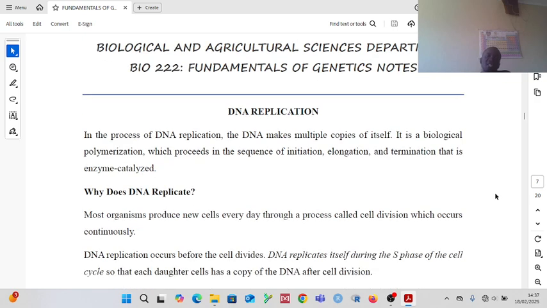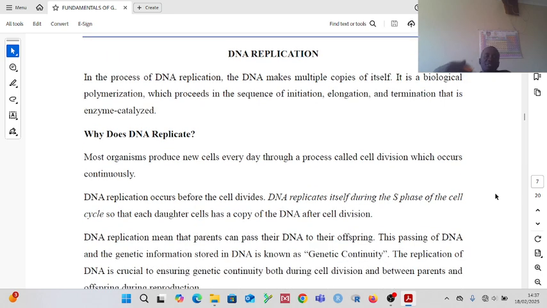Okay. So we've been looking at the structure of the nucleic acids. But another important thing that happens in the transfer of genetic information, in the transmission of that genetic information, is the replication of DNA.